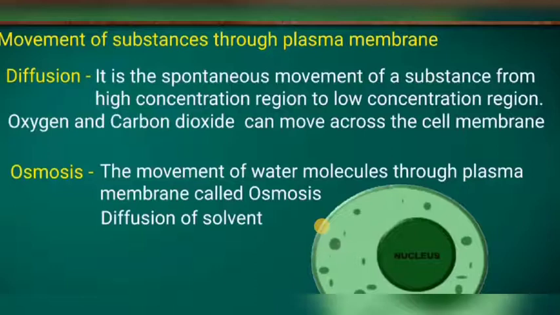Now let's see how this material passes through the plasma membrane. The movement of substances through the plasma membrane, the first one, is the diffusion process.